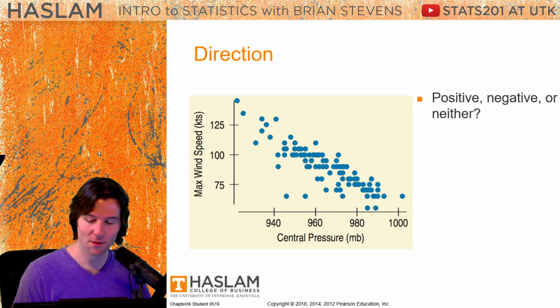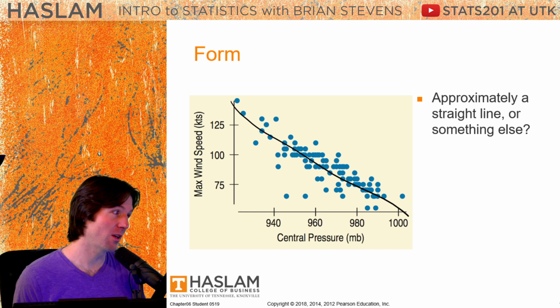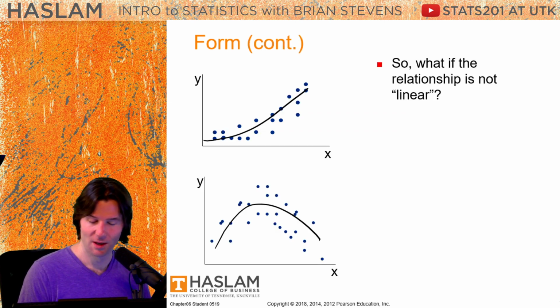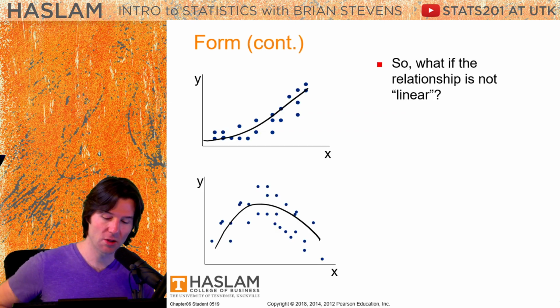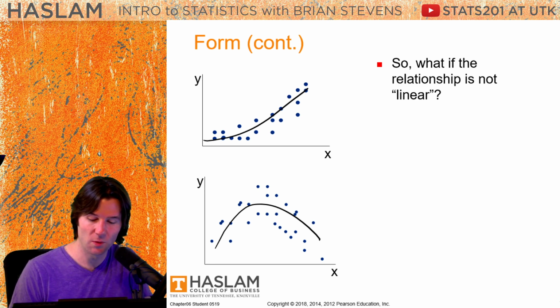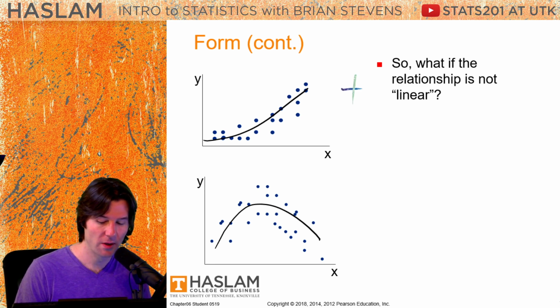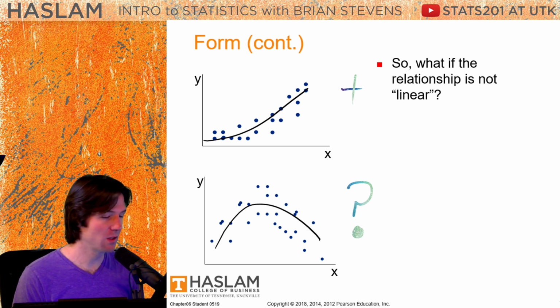This one is negative. This one right here is also negative. This one is not so linear, but its direction is what? Positive, and this one's kind of a neither. That one is a neither right there. Does that make sense?